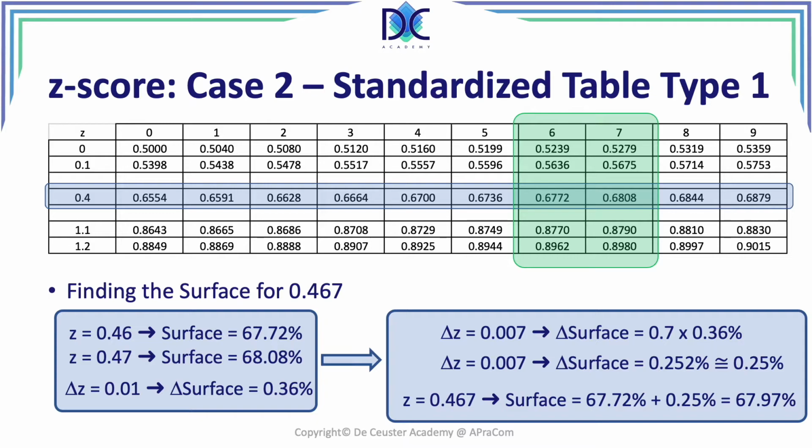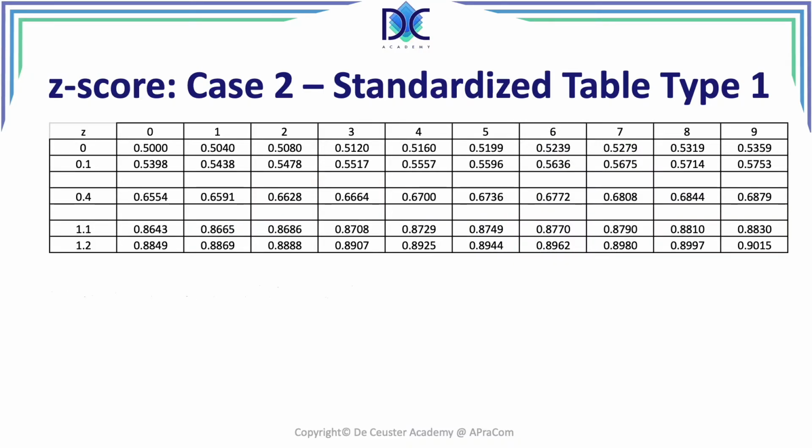Now, when we have different values, this number will of course be different. The final result, the outcome, is that for z equal to 0.467, we have 67.72 plus 0.25%, which gives us 67.97%.